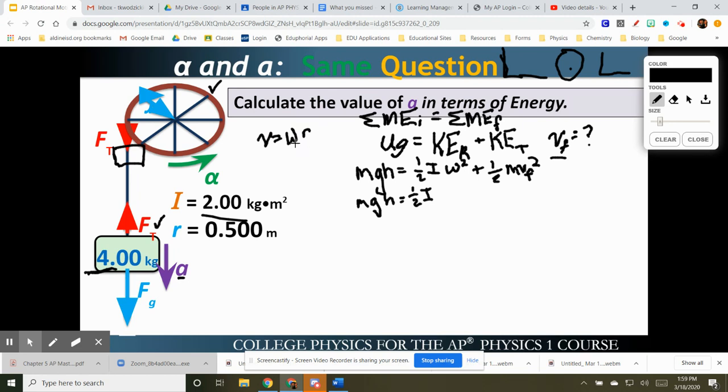So if I want to solve for omega, that's velocity over r equals omega, and then it's squared here. Velocity over radius, in parentheses, squared, plus, and this is the final velocity.